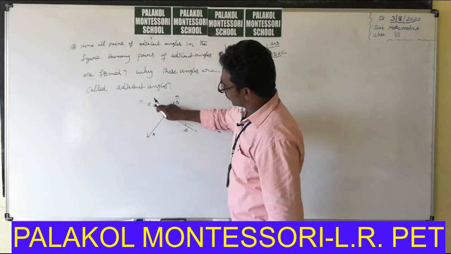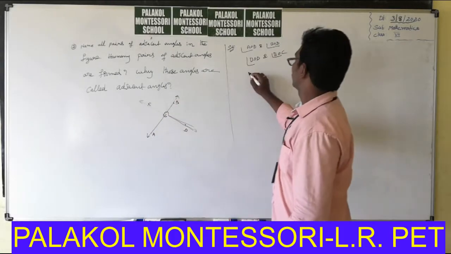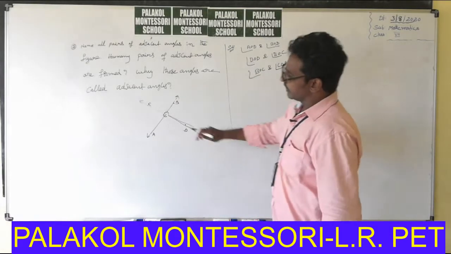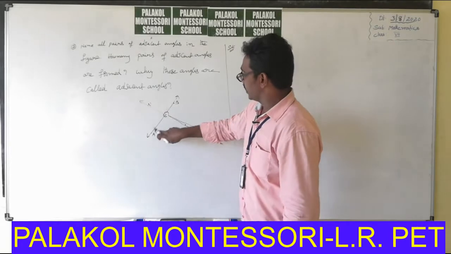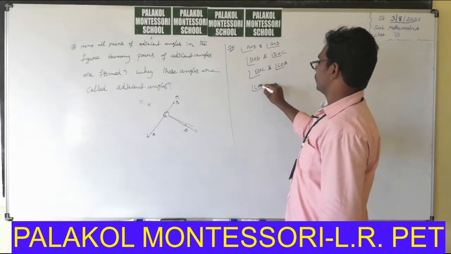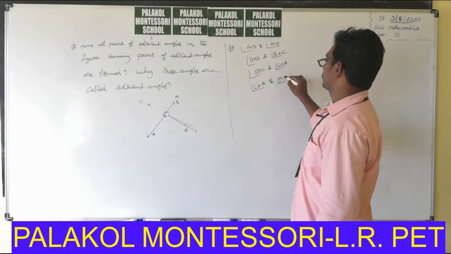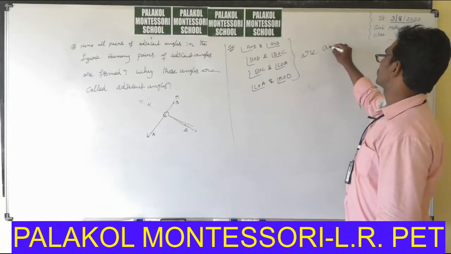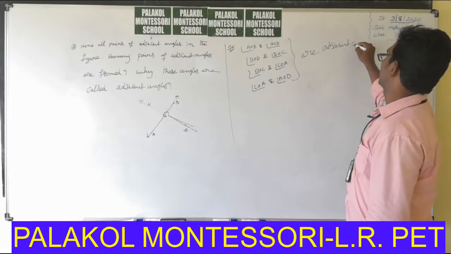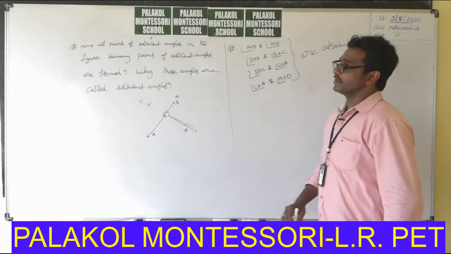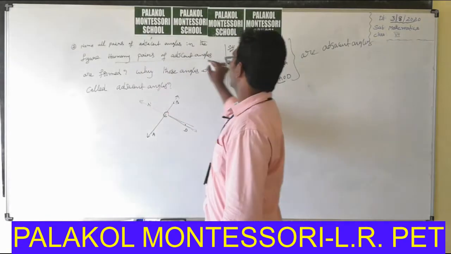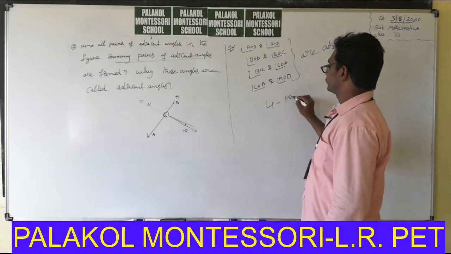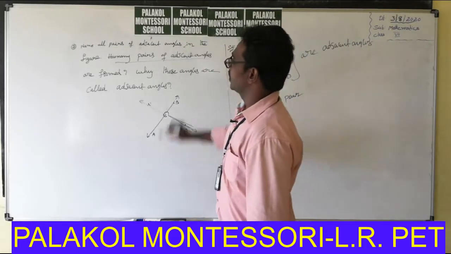This side, BOC and COA. This side, COA and AOD. These are adjacent angles. Okay guys, how many pairs of adjacent angles? 1, 2, 3, 4. 4 pairs. Two questions over.